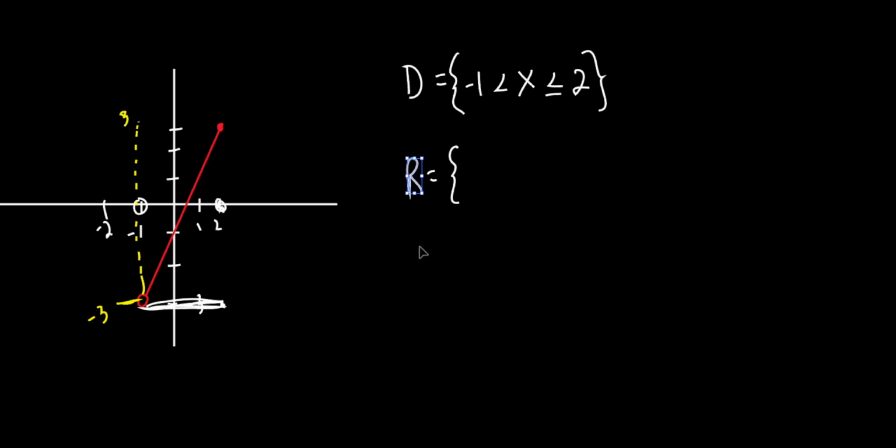So what are all my y values, the range? Everything, watch, I'm going to put a y right here. I'm going to put less than, less than. Everything from where? -3 up to +3. Do I include the -3 here? No, because it's open. Do I include the +3? Yes, I do, because it's closed. So I put a or equal at the +3. And that is my domain and my range.